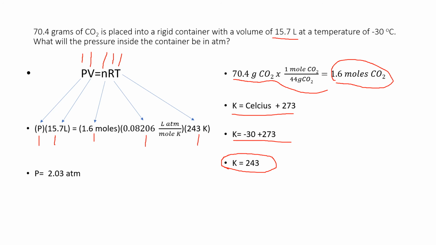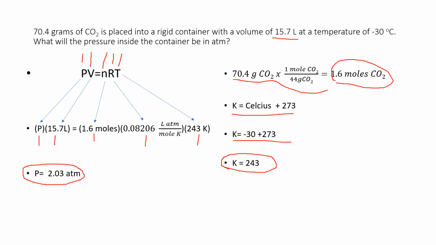Multiply through everything on the right, then divide by 15.7, and we're going to get our final answer of 2.03 atmospheres.